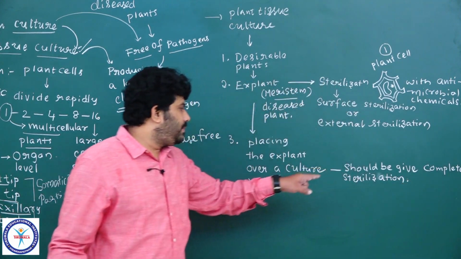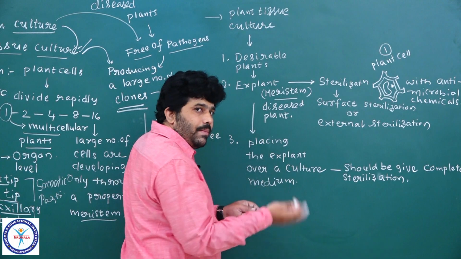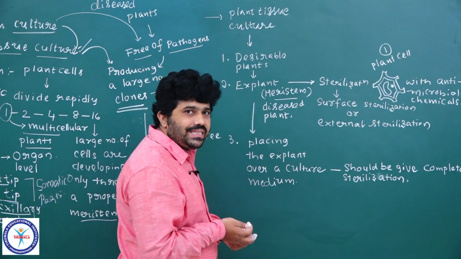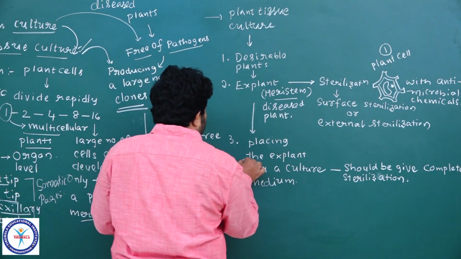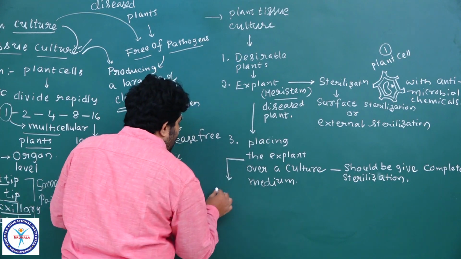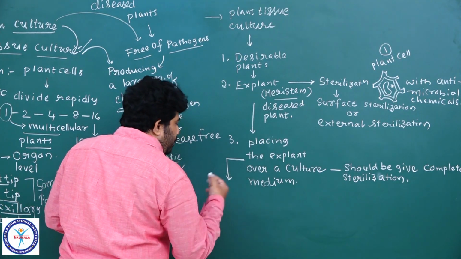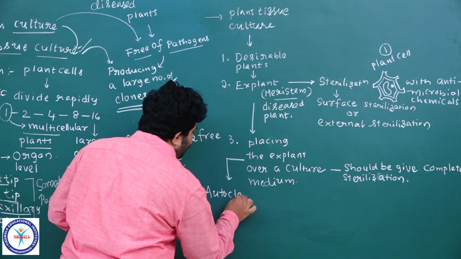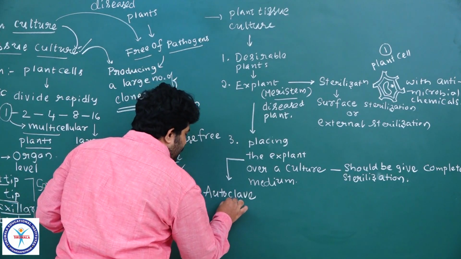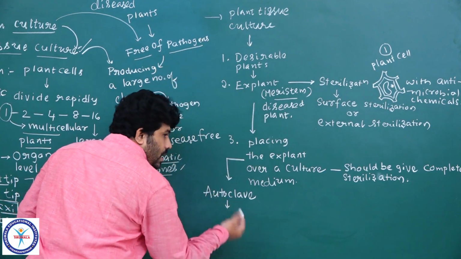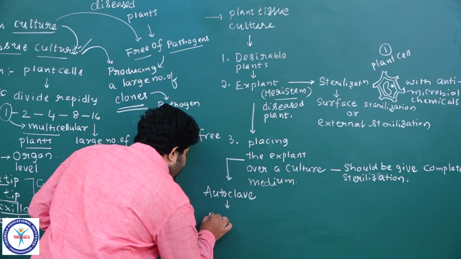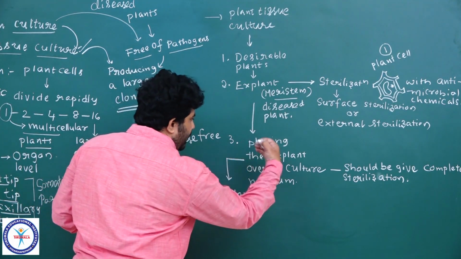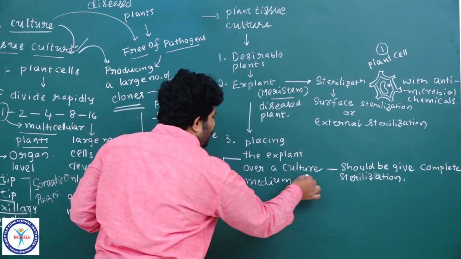Complete sterilization means we wash away all the microorganisms and stop the growth of microbial colonies by changing the atmospheric conditions, by sending the nutrient media for complete sterilization in the autoclave. It is a very good method. Here we are discussing the culture medium.